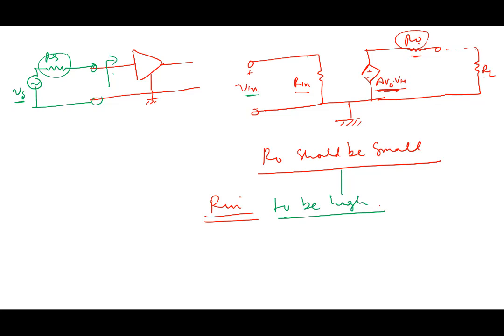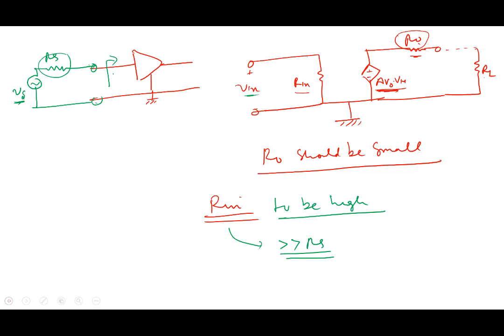Now how high do you want? Well, Rn should be much larger than RS maybe. Whatever RS you have, it should be much larger than that, so that all the signal Vs appears over here. So from a voltage amplifier, what you're looking for is high AV0, high Rn, and low R0.